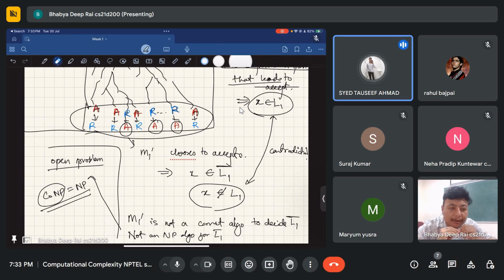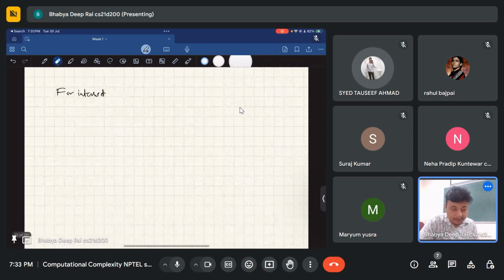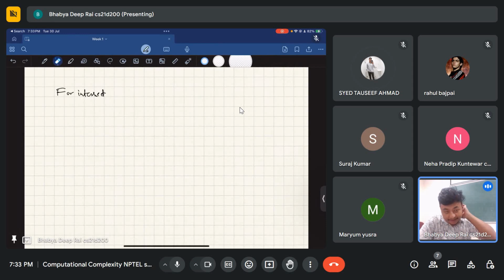I have a question about that. How is this not correct? Like x belongs to L1... Contradiction, I didn't understand. Sure, we'll come back to it at the end then. The rest, I hope it's fine, right? Mariam, Suraj, Rahul, and the others?